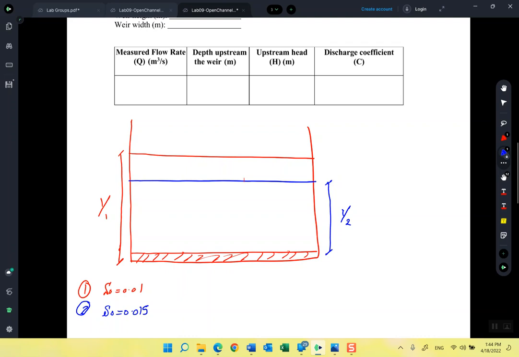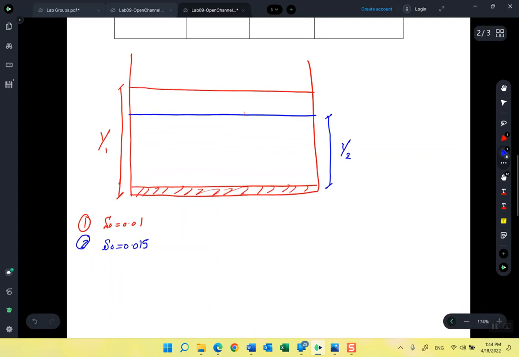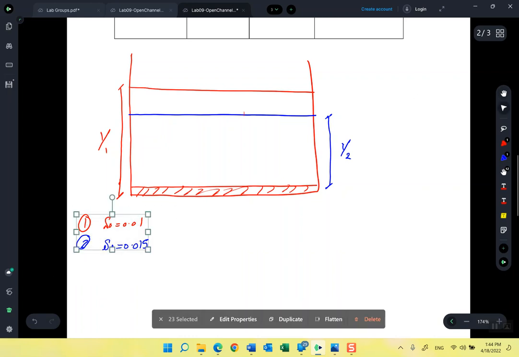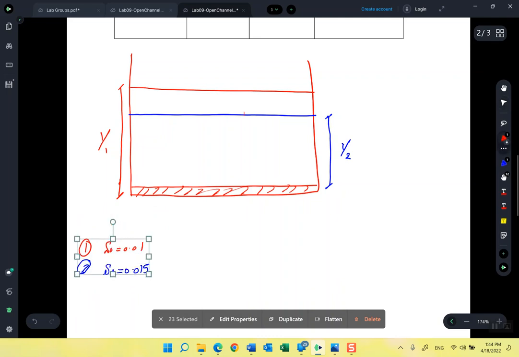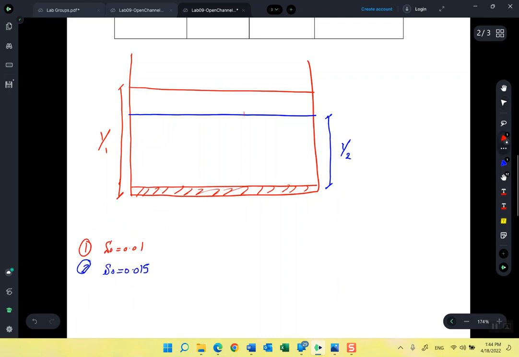Okay? So how does this affect the Manning coefficient? If you think about each side's contribution to the total Manning coefficient, you will see that for the first scenario, the Manning coefficient, let's say total or equivalent, was due to two things.